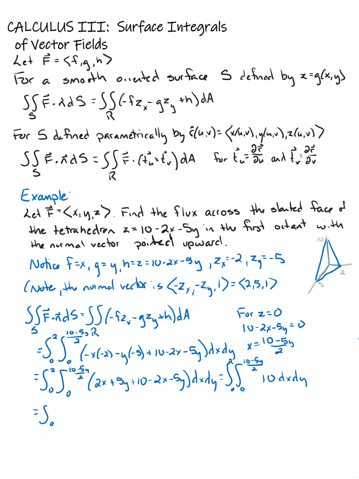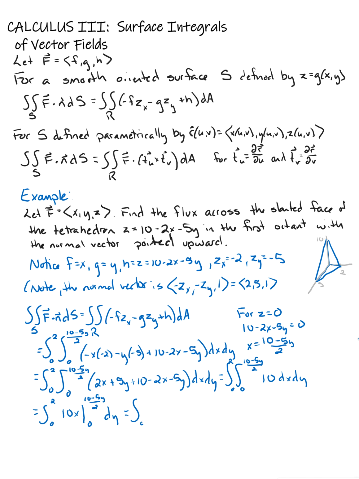So integrating with respect to x first, we get 10x, evaluated from 0 to 10 minus 5y over 2. And don't forget that differential for y. Evaluating that, that's pretty simple.